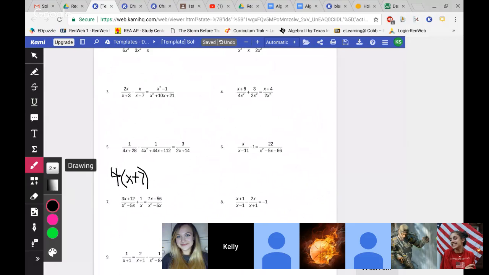And then this guy right here actually turns out to be, I'm going to write it down here so that you can see it completely factored in steps. It's going to give you a 4 times x squared plus 11x plus 28, which then factors to 4 times x plus 7, x plus 4.